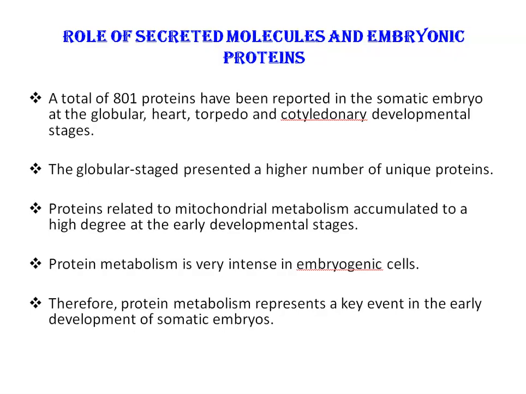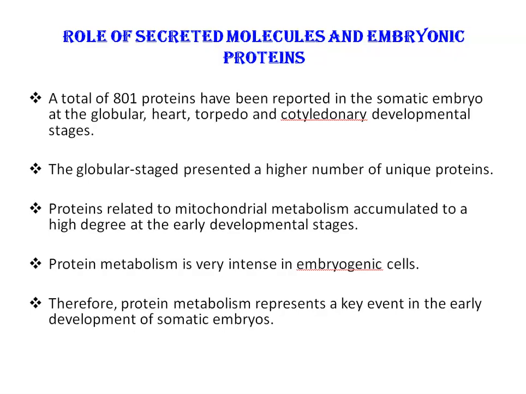Then the role of secreted molecules and embryonic proteins. I will discuss the role of secreted molecules and embryonic proteins with the help of the results of a recent study by Bertini et al., 2021. Bertini et al. studied the stage-specific protein regulation during somatic embryo development of Carica papaya Golden.